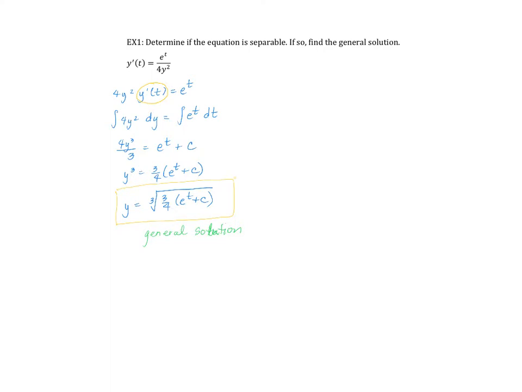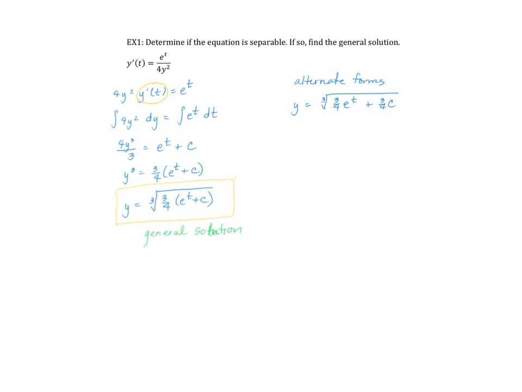Now let me just go over some alternate forms. Notice that I could distribute the 3/4 underneath the cube root and write 3/4 e to the t plus 3/4 times our constant c.